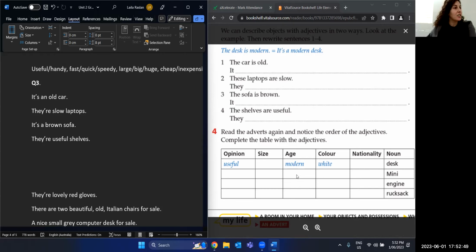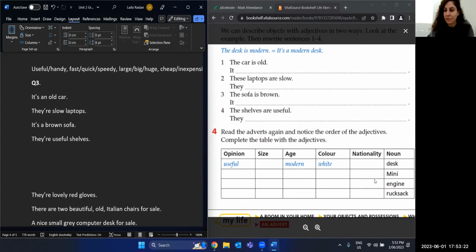What about the age? Yeah, 1965. Yeah, 1965 or, you know, a classic. Some people just put the words a classic. That means old, especially when you're talking about cars. So classic. Color. Yeah, red, white, and blue. So we need all three. So we need to write red, white, and blue.